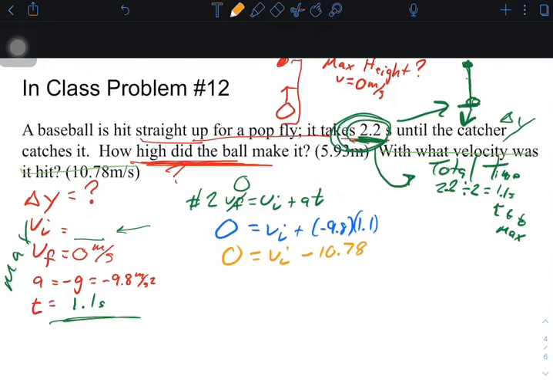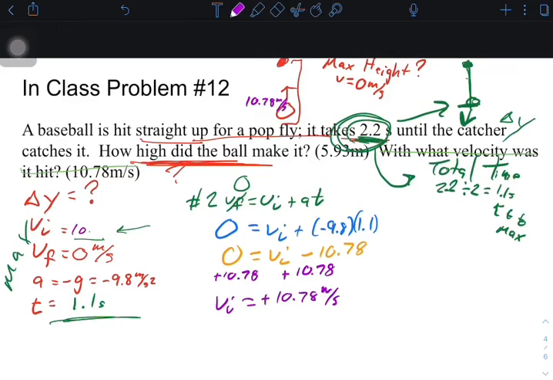Now, in order for me to get VI by itself, I have to add 10.78 to both sides. So my VI is equal to a positive, I'll just put the positive to reinforce that, it's going to go up initially at 10.78 meters per second.